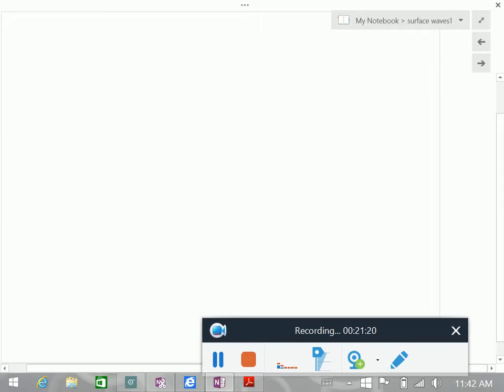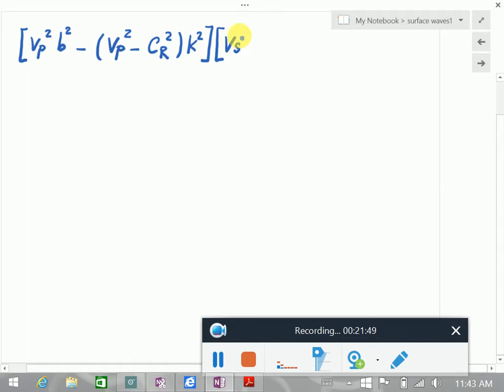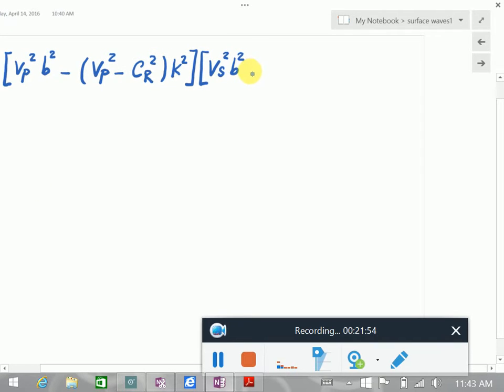It's clear. So this is the expression: Vp squared, where Vp is the velocity of the compressional wave. B is that factor in e to the power of minus b x2. K is the wave number. V sub s is the velocity of shear waves. B again, we talked about. It's actually a beautiful symmetric equation.